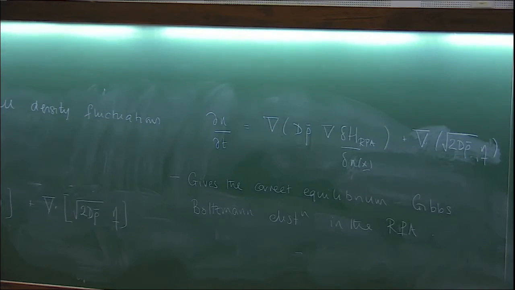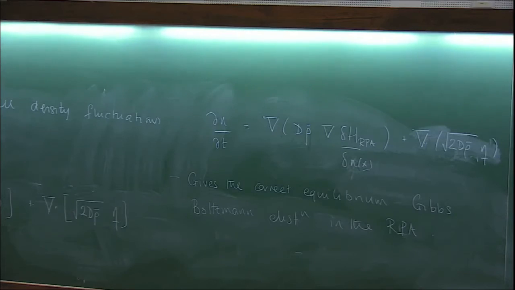So what you do is write down the deterministic part of the equation that you would have if you had no noise, and then you add on the noise, but in such a way that it gives you the correct equilibrium distribution.